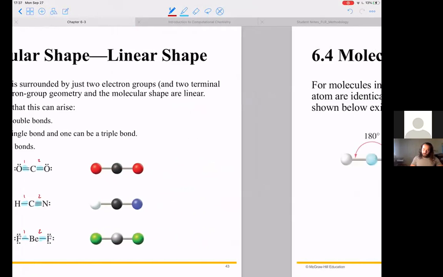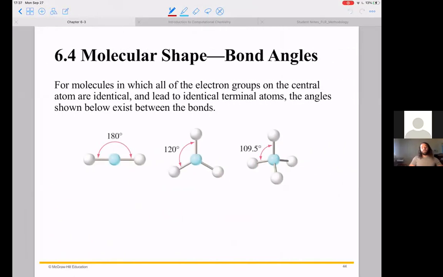Okay, so when we're talking about bond angle, we're talking about the angle between those 2 bonds. So if it's linear, they're going to be 180 degrees apart from one another, right? That angle between those two, it's a line, so it's 180 degrees. For the trigonal planar structures, these atoms are oriented like in a triangle, and so they're oriented 120 degrees away from one another.